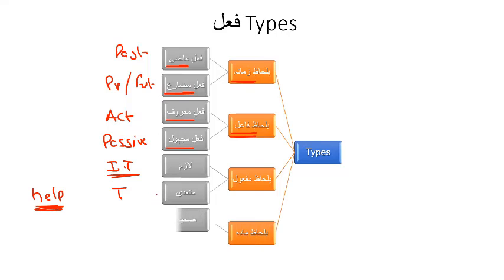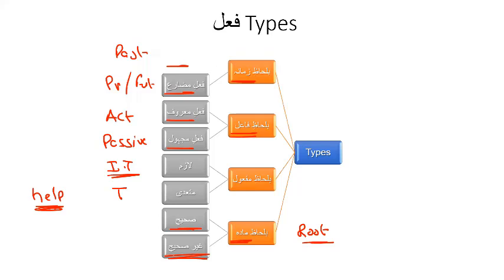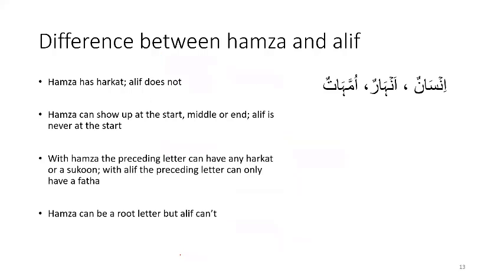And now we come to a final categorization, where we create a categorization based on the root letters. So they are words or verbs which are sahih and then ghair sahih or irregular. Okay.